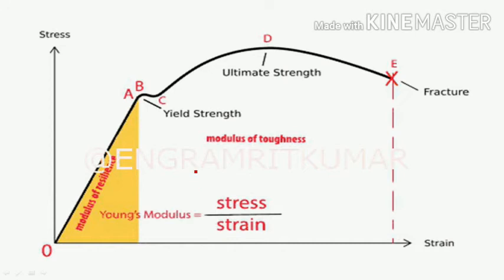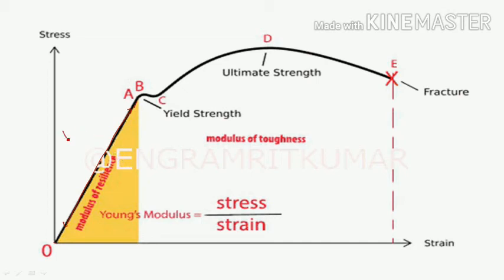Now in this graph, if you observe the portion from 0 to A, this is the linear portion. In this linear portion, the stress and strain are directly proportional to each other. This is the region where Hooke's law is valid.